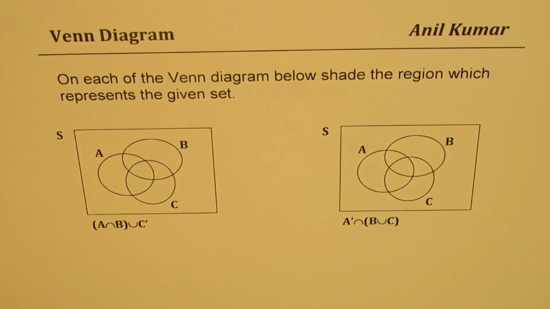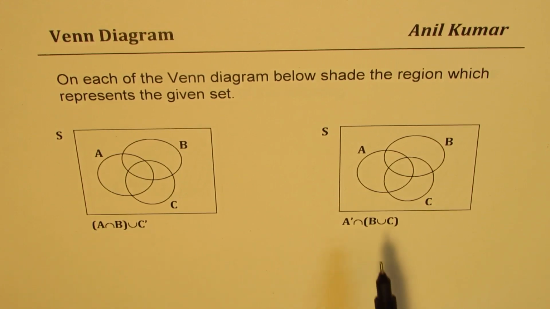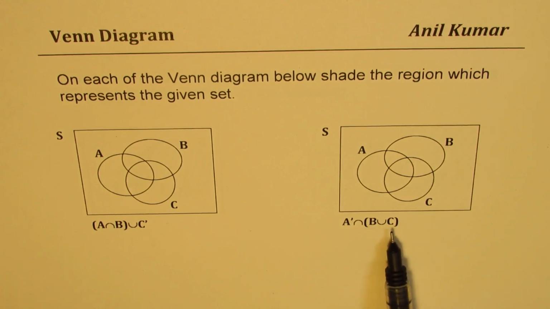The set given to you is written under the Venn diagram: A intersection B union complement of C. The second one here is complement of A intersection with union of B and C, right?